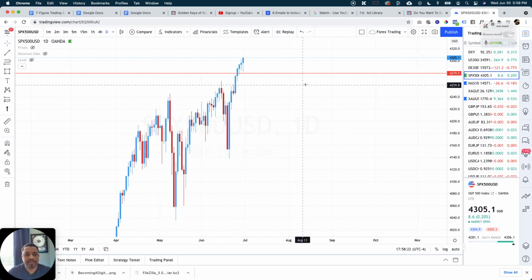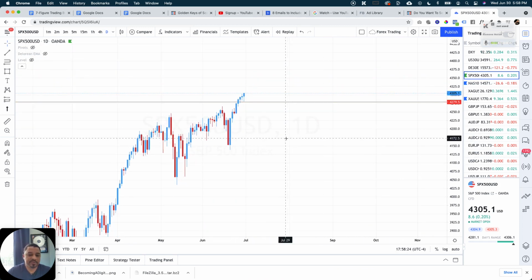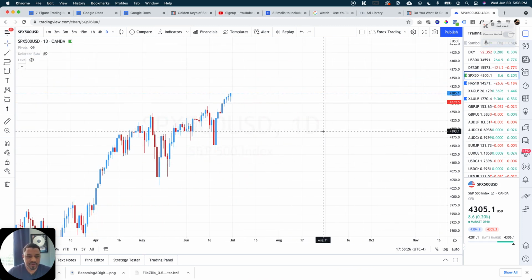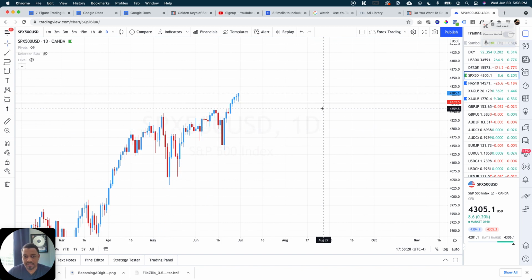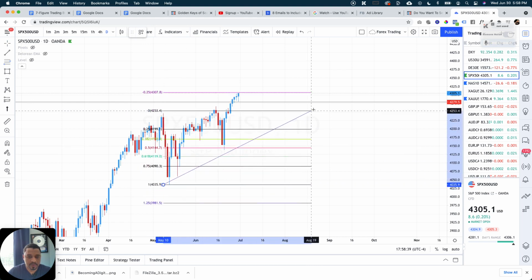So on the SPX, SPX is just the S&P 500, we have reached an all-time high, which I predicted months ago. If we go to swing low, this was the high.